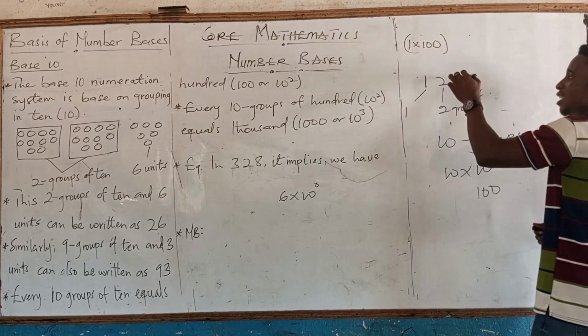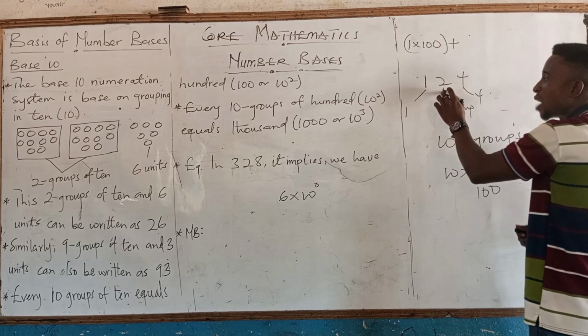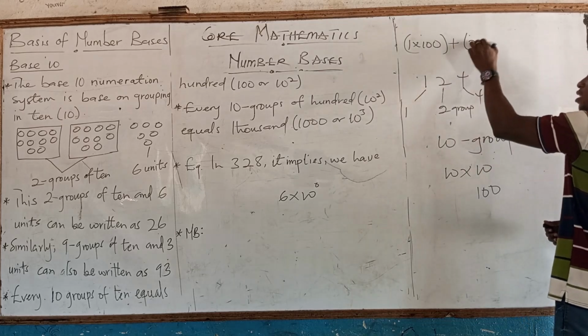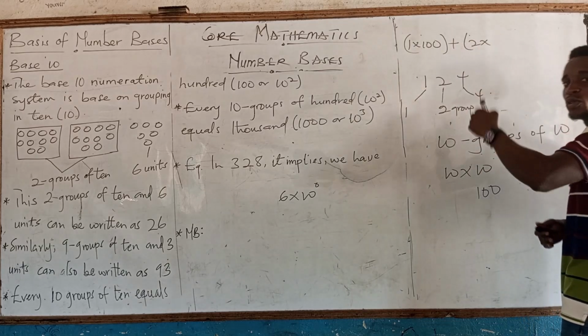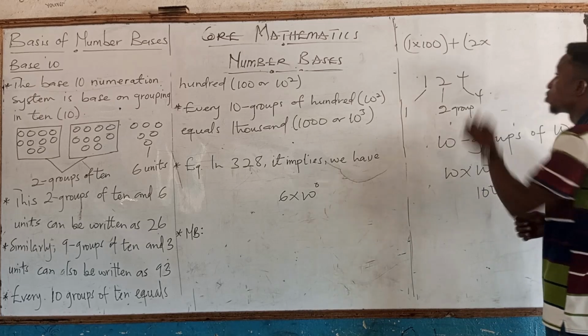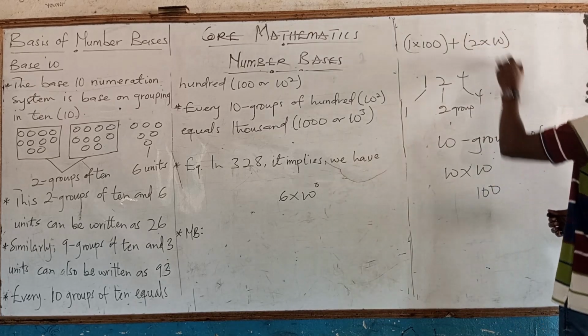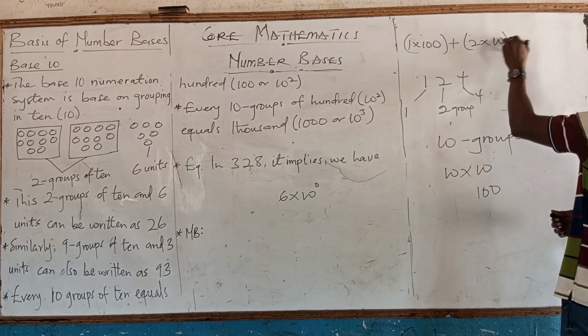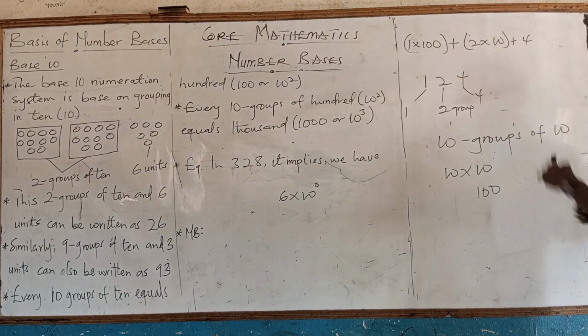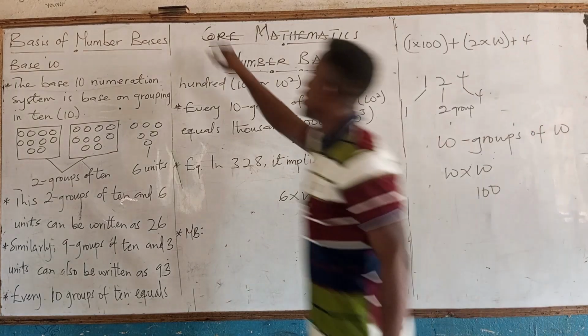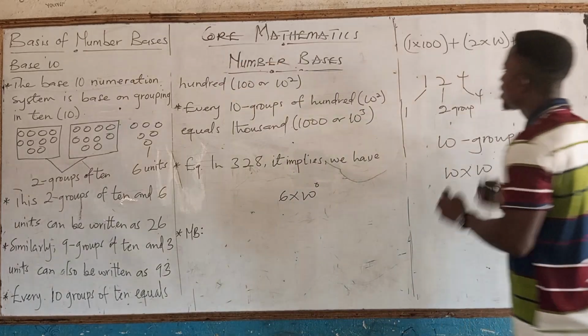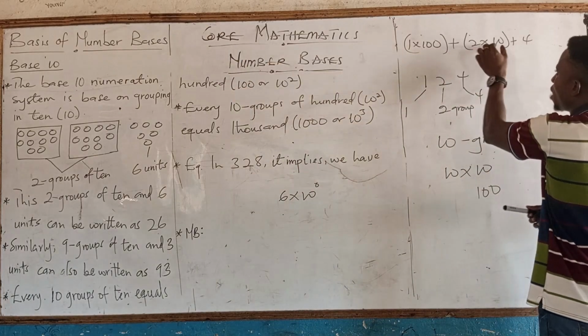Are we getting that? Then I'll add it to this one, which says we have 2 groups of 10. So we need 2 groups of 10, to know the number of units is 2 times the 10. Then lastly, I have plus 4.